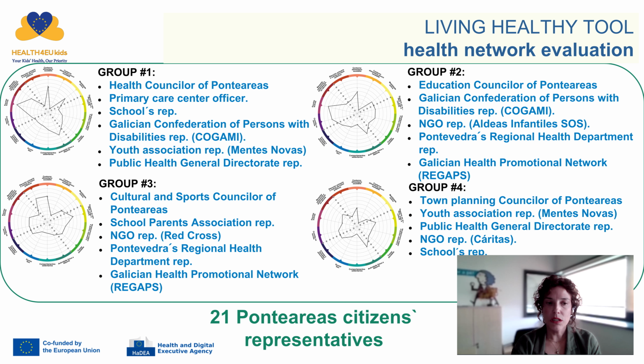In total, 21 Ponteareas citizen representatives. Ponteareas is the area of intervention in which we participated. But after this, a discussion was required to obtain one specific evaluation that we will see later.